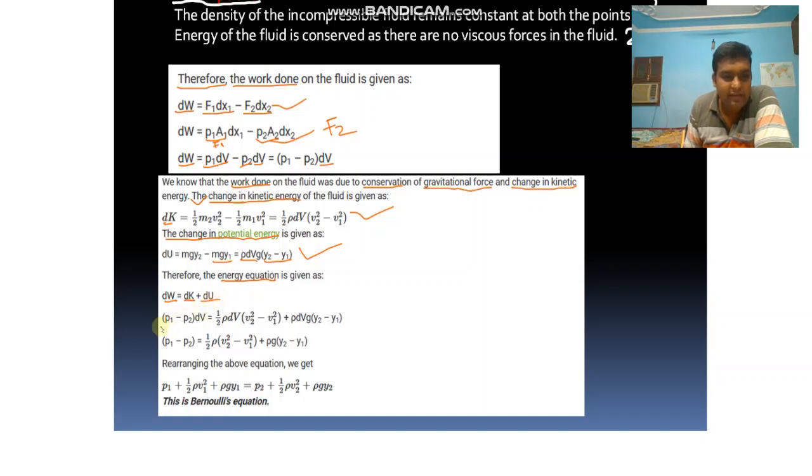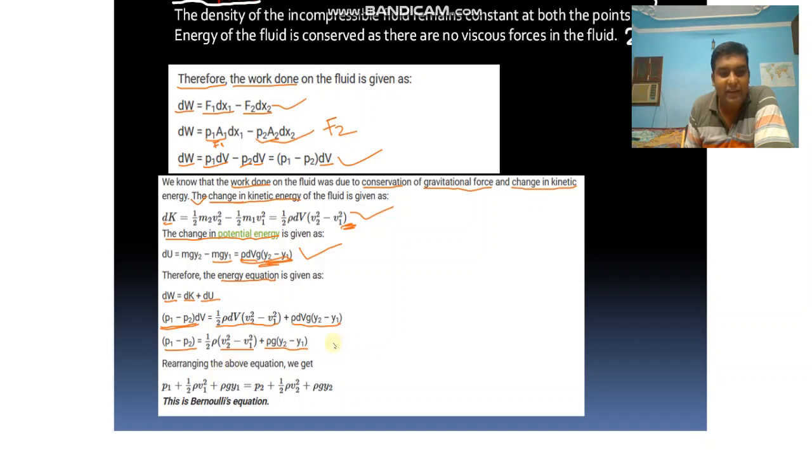So we can write it as from here to here, and from here to here. Similarly from here we can write this one as follows. Rearranging the equation, we get P2 minus P1 = 1/2 rho (V2 squared minus V1 squared) plus rho g (Y2 minus Y1).